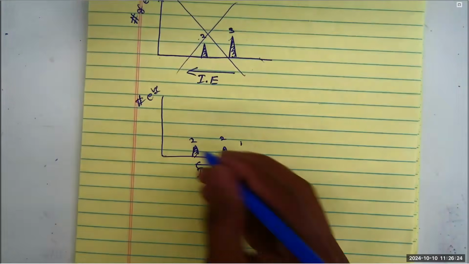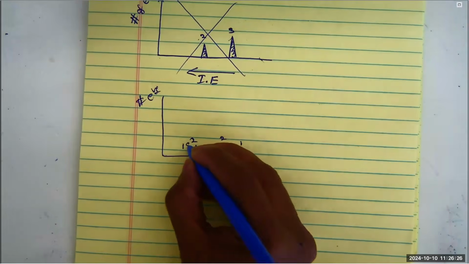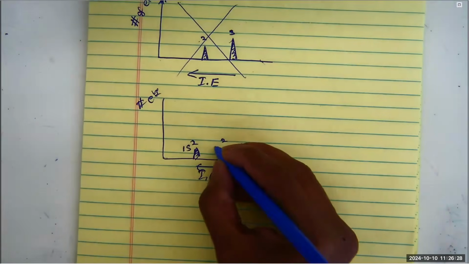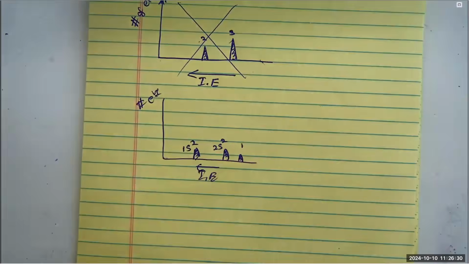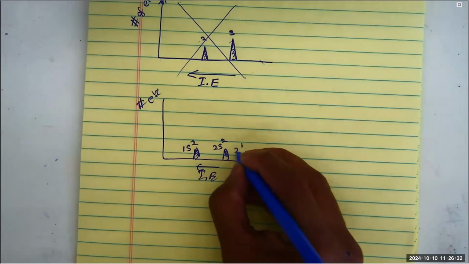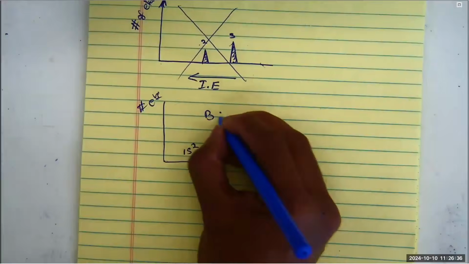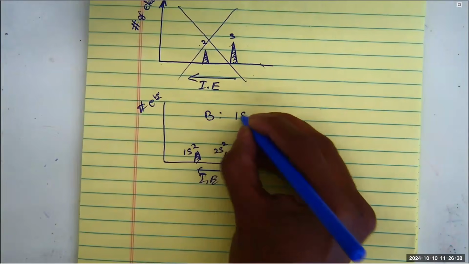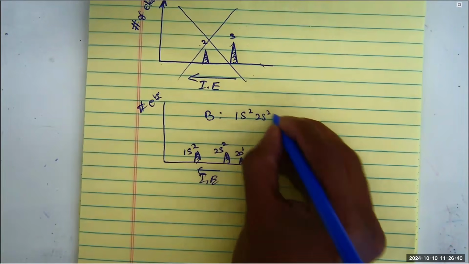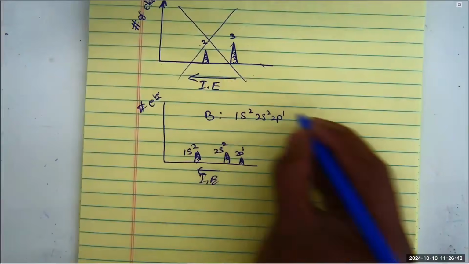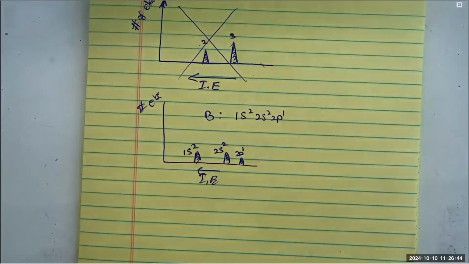So where do we have them? We have 2 electrons in the 1s subshell, 2 electrons in the 2s subshell, and 1 electron in the 2p subshell. So if you write this out, boron has 1s2, 2s2, 2p1.